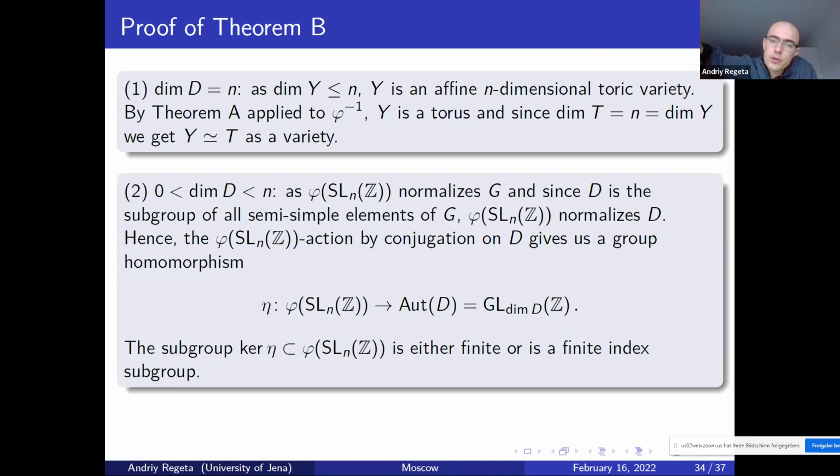So the automorphism group is simply GL_{dim D}(Z).